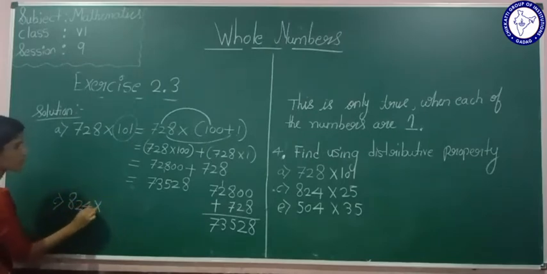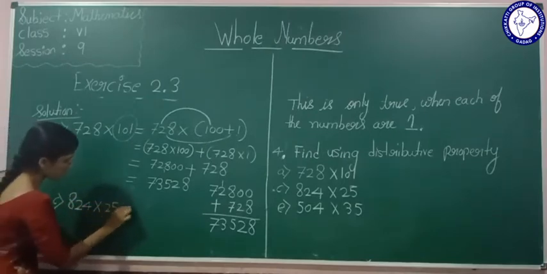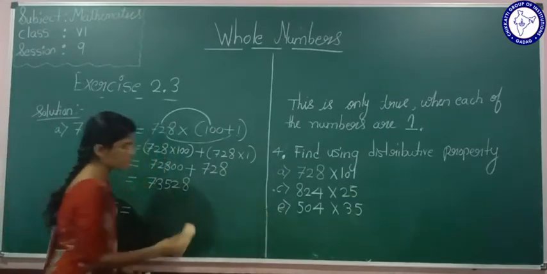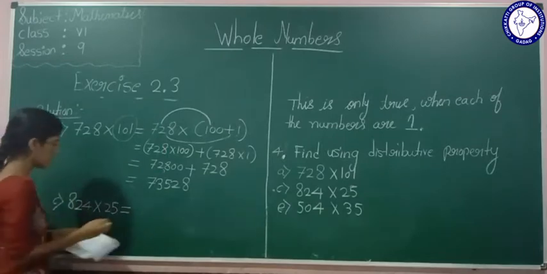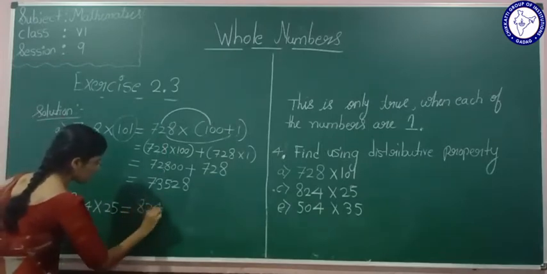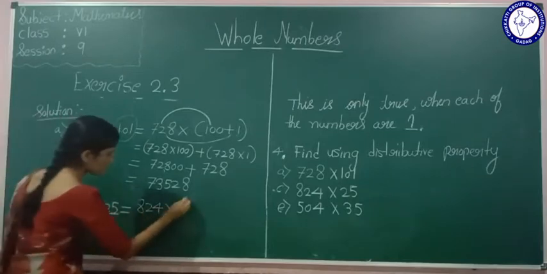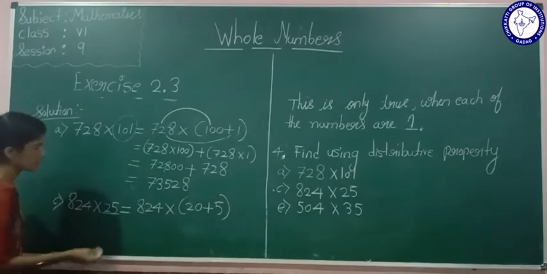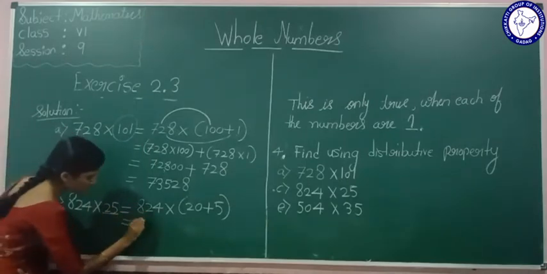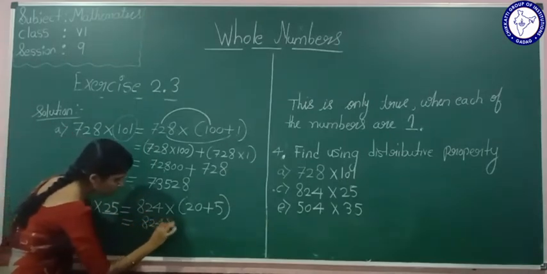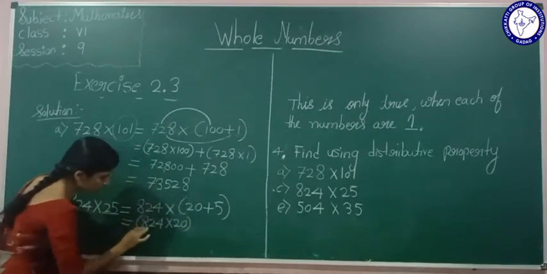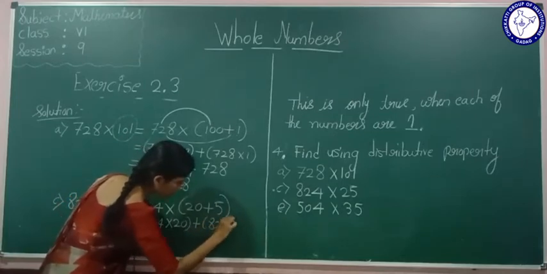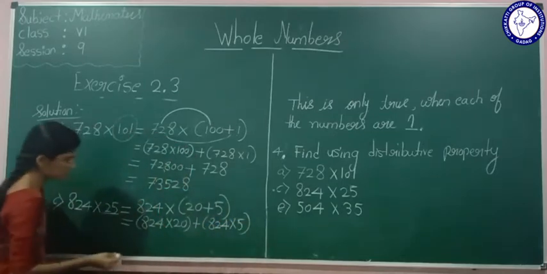824 multiplied by 25. Okay. Now see here, 824 multiplied by 25, this 25 can be written as 20 plus 5. Now see here, use the distributive property. 824 multiplied by 20 plus 824 multiplied by 5.